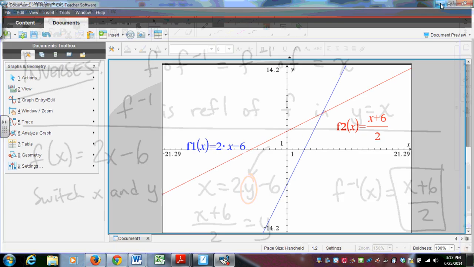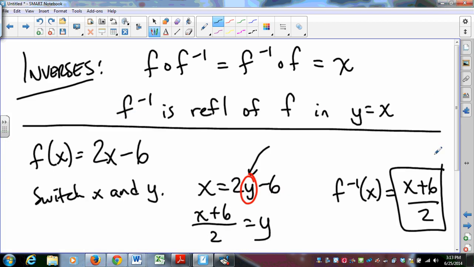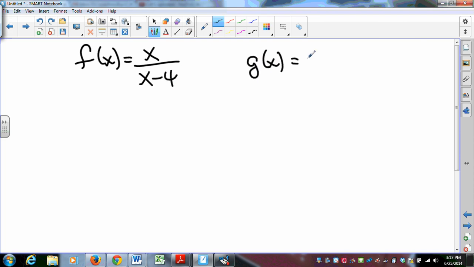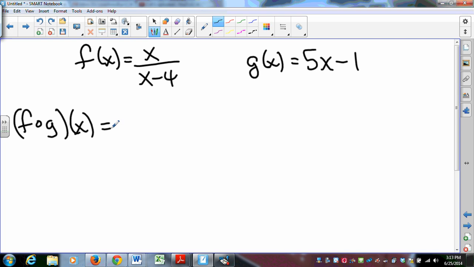Okay? So what do you have to know how to do? Let's pretend that f of x is x over x minus 4 and g of x is 5x minus 1. I'd like to know what fog of x is.